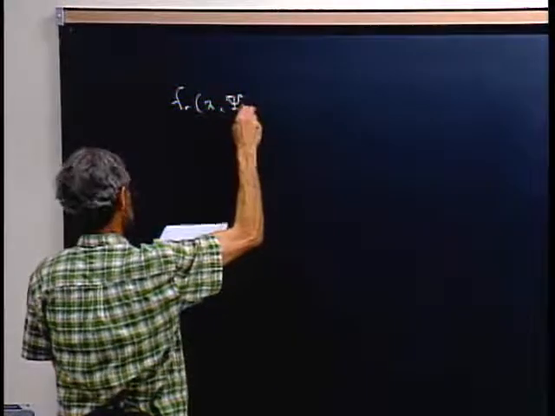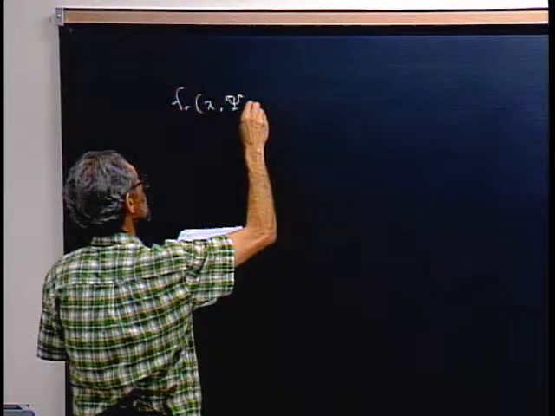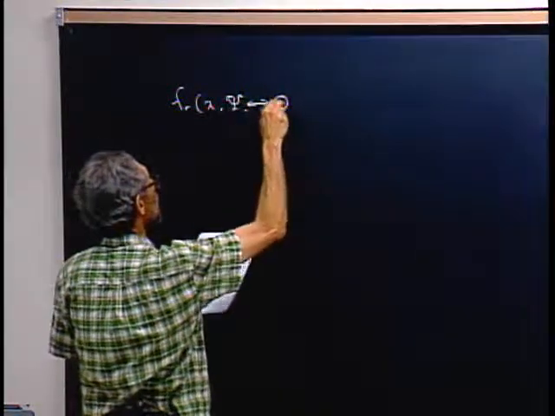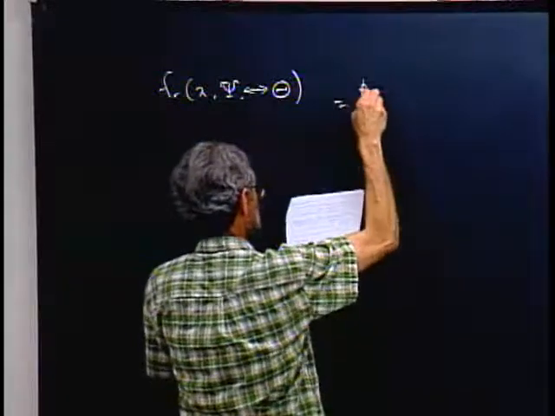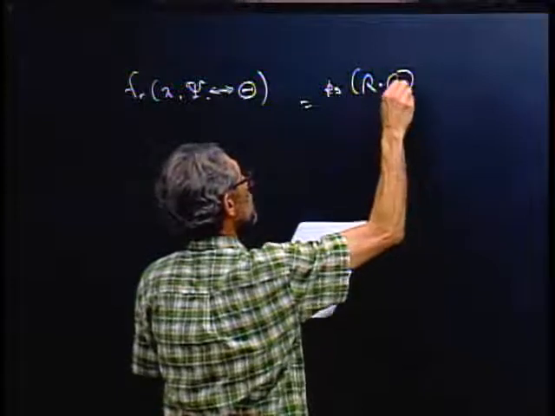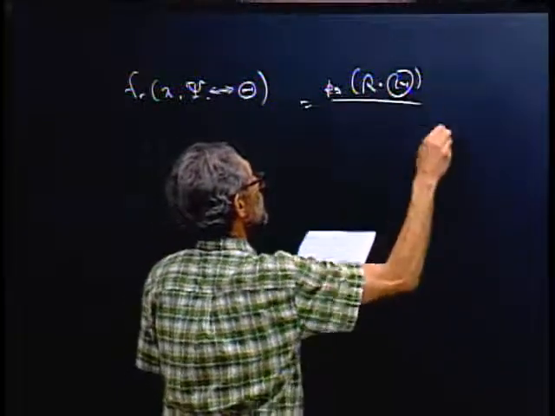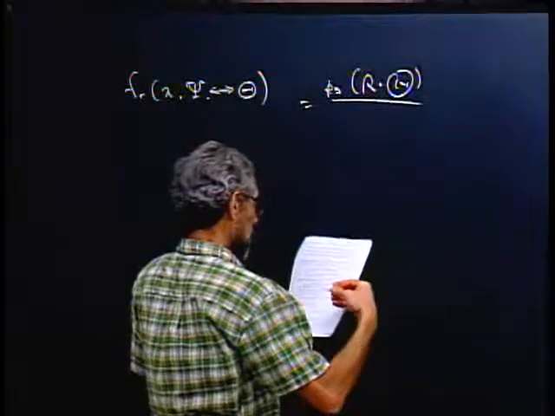here's psi and here's theta. That was Ks, some specular coefficient, times the difference between theta and the perfect reflection of the incoming ray.